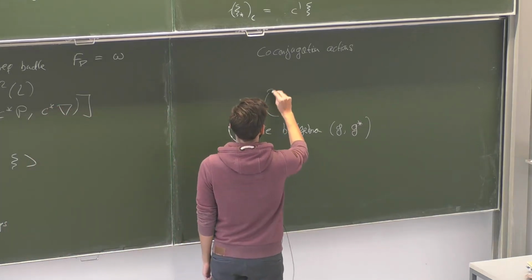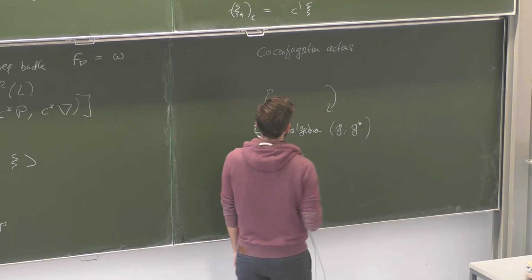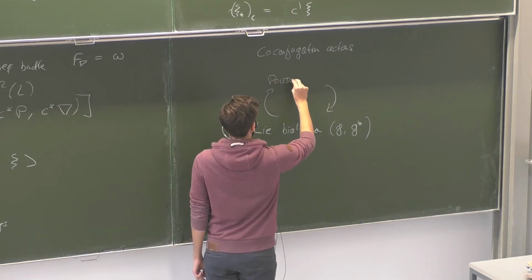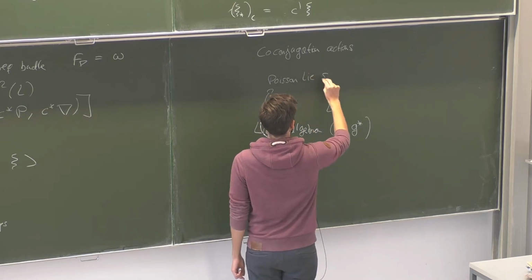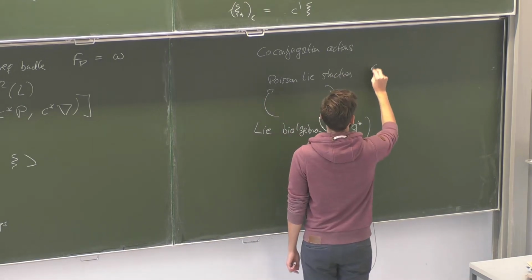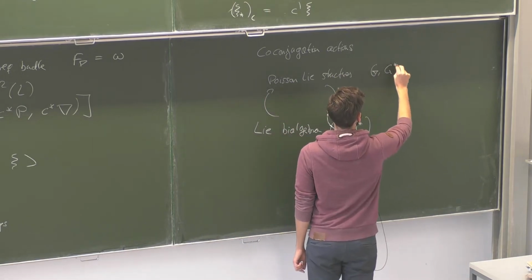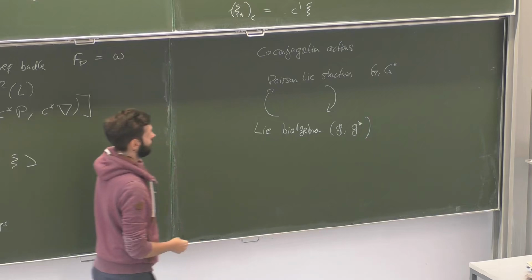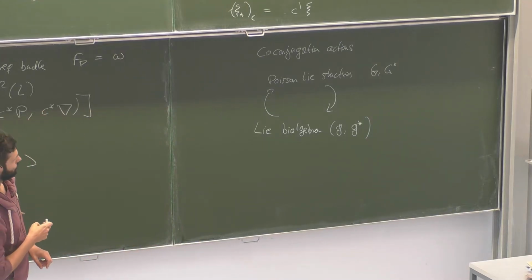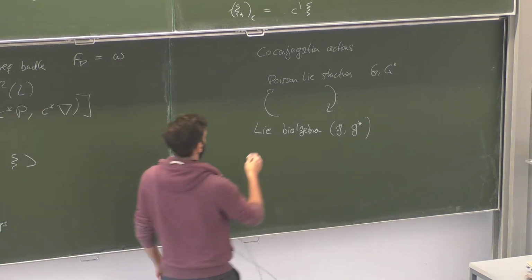And you can integrate these to Poisson Lie structures, assuming that we have Lie groups that integrate each of these algebras. We can integrate them to a Lie Poisson or Poisson Lie. I always mix that up. I think it's Lie Poisson.